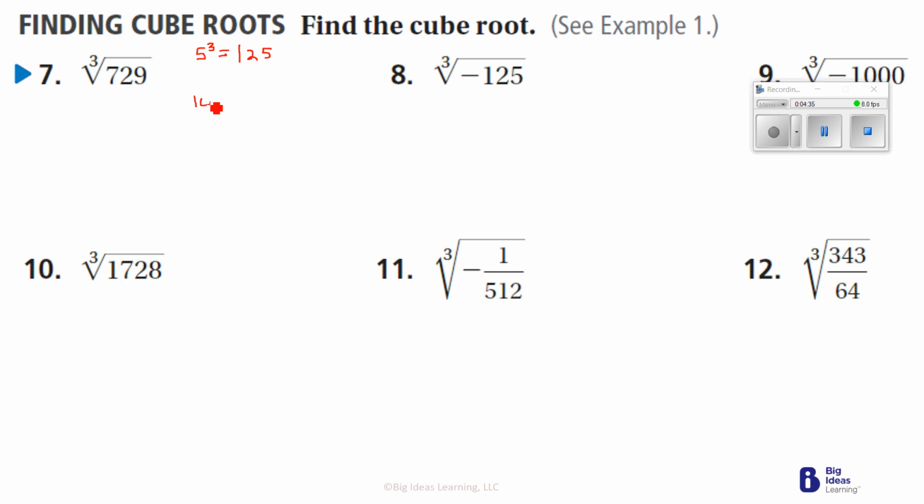I know that 10 cubed is going to give me 1,000, because that's 1 with 3 zeros. So since I know 729 is way closer to 1,000, I'm going to try 9 cubed. Okay, and 9 times 9, that's 81. And 81 times 9 is 729. So this number is going to be 9.